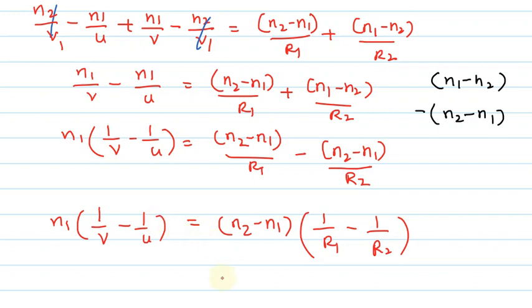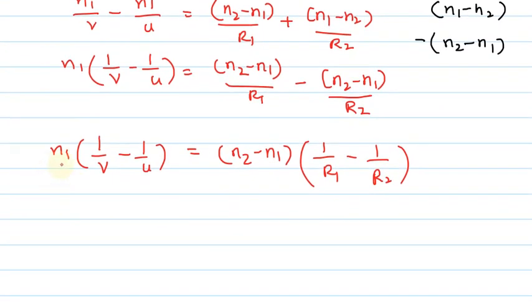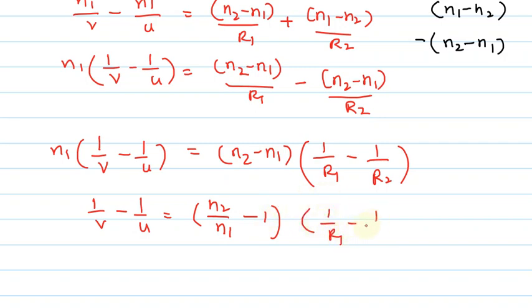Okay, now let us transpose this N1 to the RHS. Then I can write 1 by V minus 1 by U is equal to N2 upon N1 minus 1, because N1 upon N1 gets cancelled, into 1 by R1 minus 1 by R2.